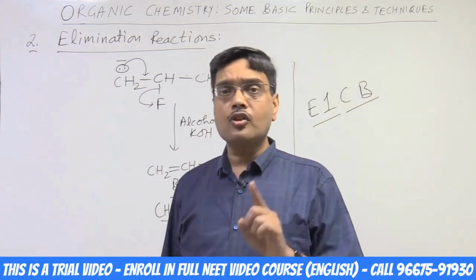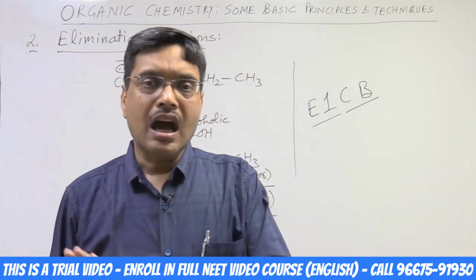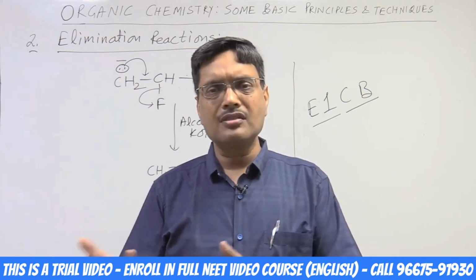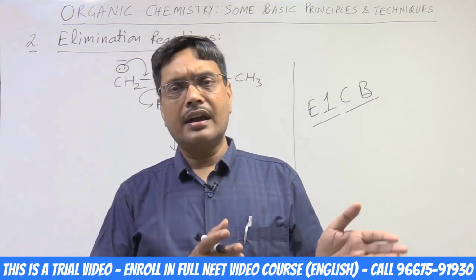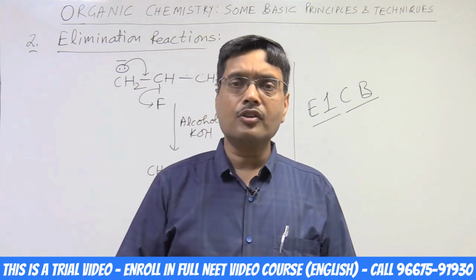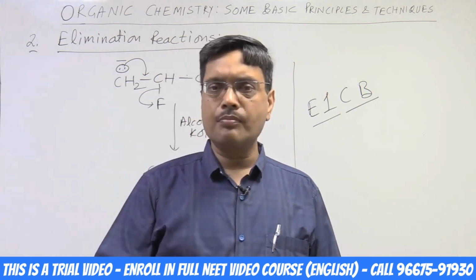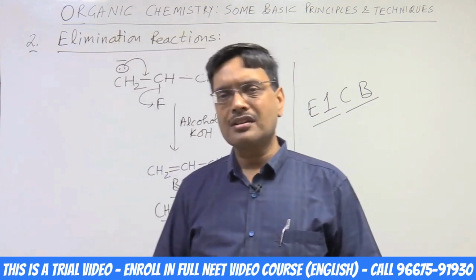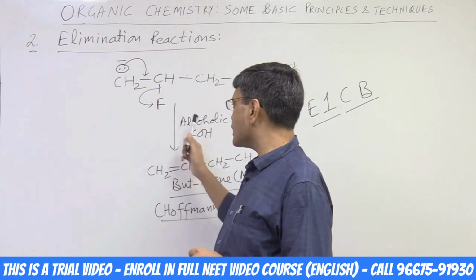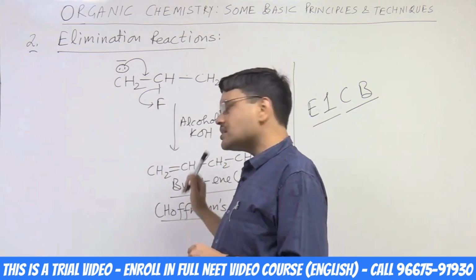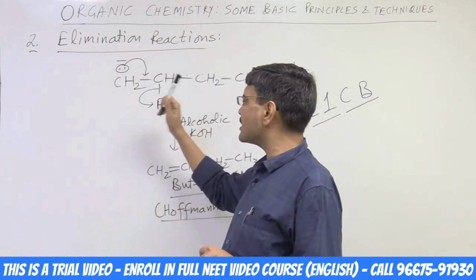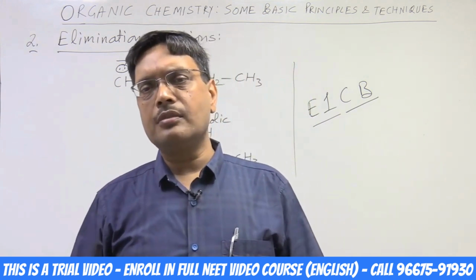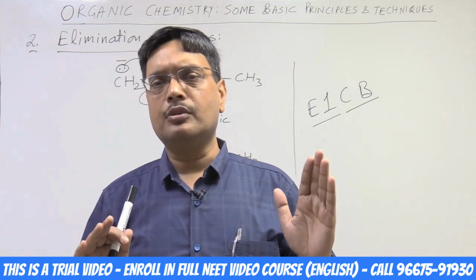In case of chloride, bromide and iodide, the E2 mechanism is always present, with either bulky or non-bulky base. With a bulky base we get the Hofmann product, and with a non-bulky base the Zaitsev product is formed. But in case of fluorine, whichever base you use, we always get the Hofmann product because this reaction proceeds in two steps.